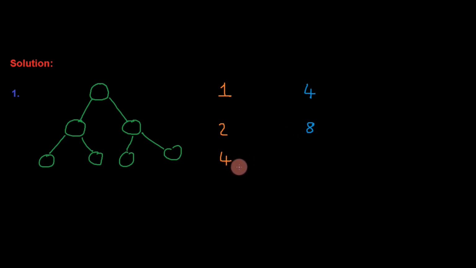And after 3 minutes, we'll have 4 times 4, which is 16 bacteria. So we see that we have a GP, and the first term is 4, the second term 8, the third term 16, and so forth.